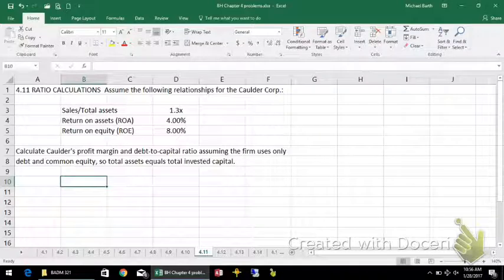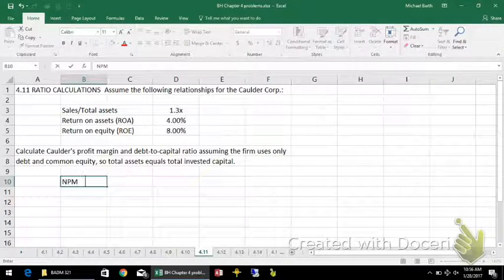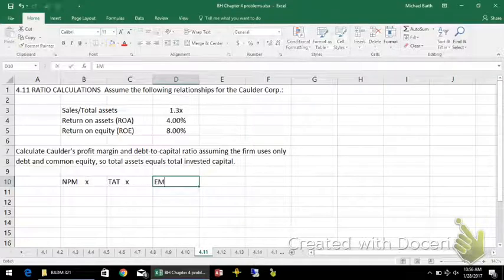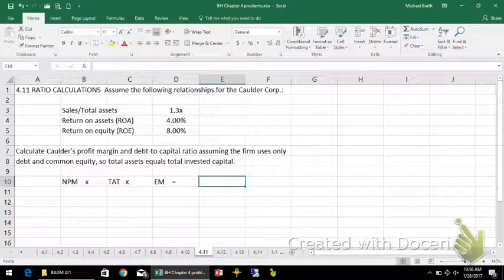This is basic DuPont equations. Net profit margin times total asset turnover times equity multiplier equals ROE.